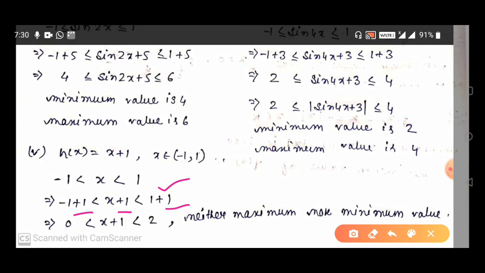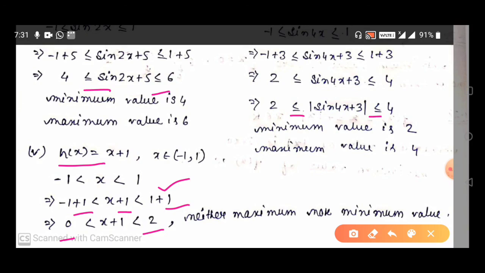Now, the value of the given function will be in between 0 and 2, but we don't have the exact value. In every question we have solved just now, we have the equal sign, so we can find the minimum or maximum value, but here we don't have the equal sign.